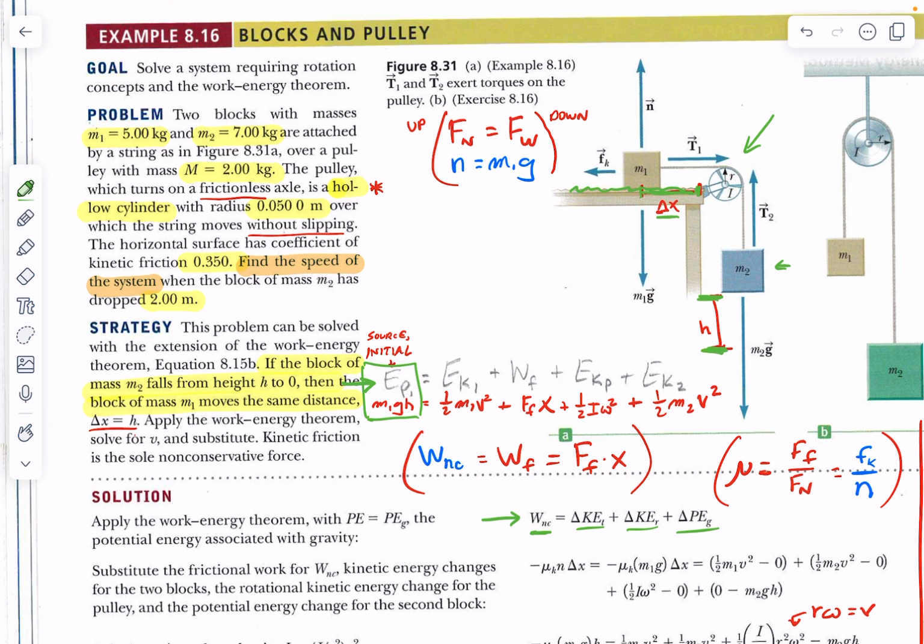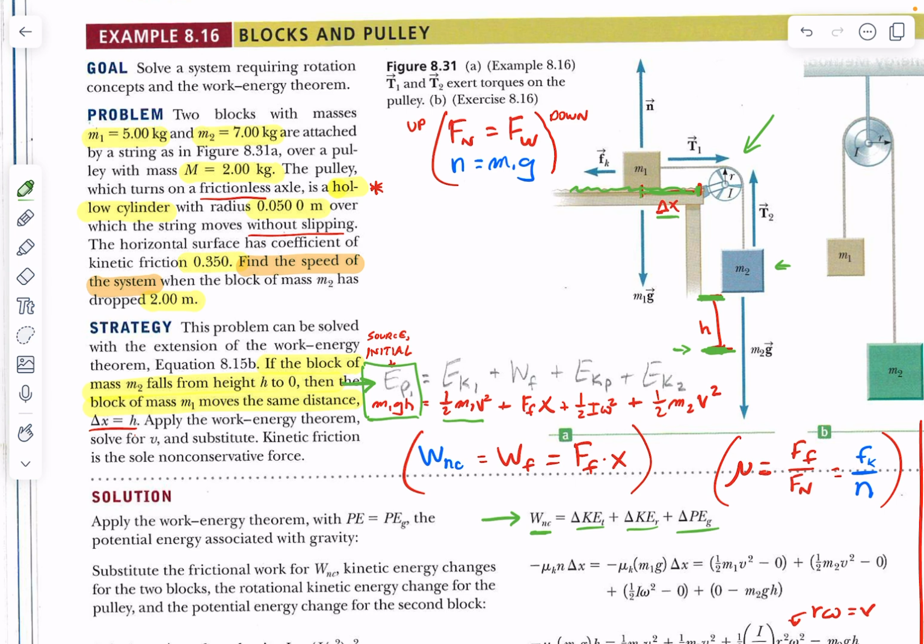Now, as it falls, how is that energy being used up? Because energy must be conserved. Well, we know that as my block falls from here down to here, when it gets to this position right there, it's going to have a certain amount of kinetic energy because it hasn't hit the ground yet.